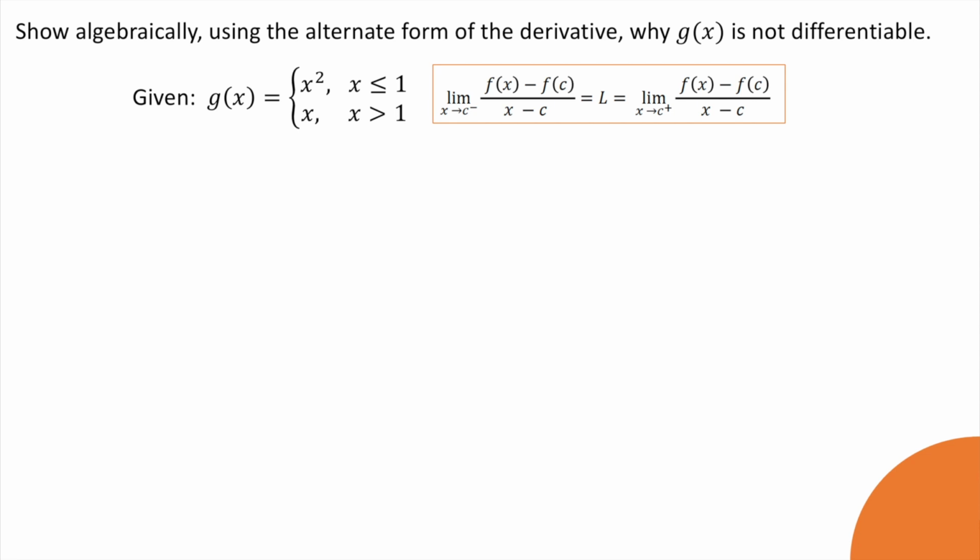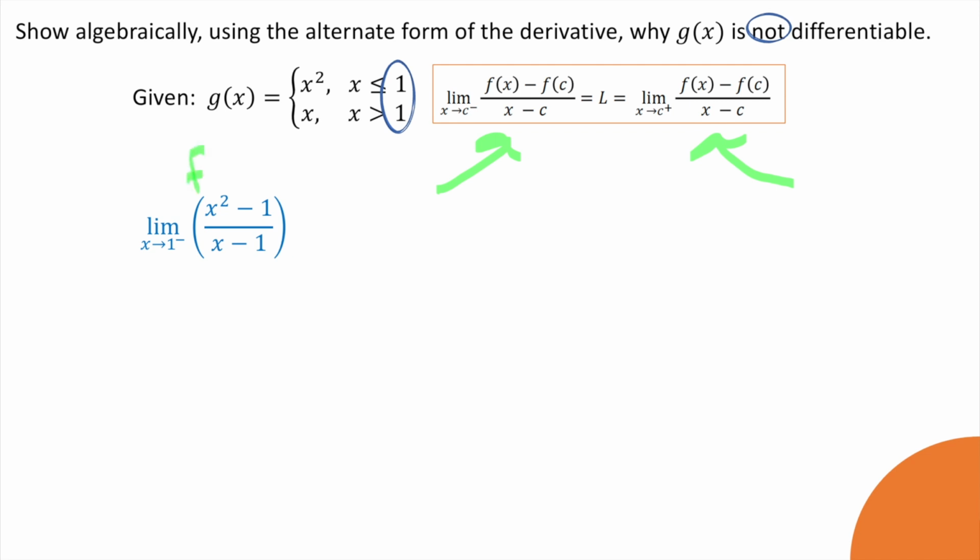Now we're going to show algebraically, using the alternate form of the derivative, why g of x is not differentiable. So we'll look at the slopes from the left, the slopes from the right, and our point of interest is x equals 1. So we have here f of x minus f of c all over x minus c.